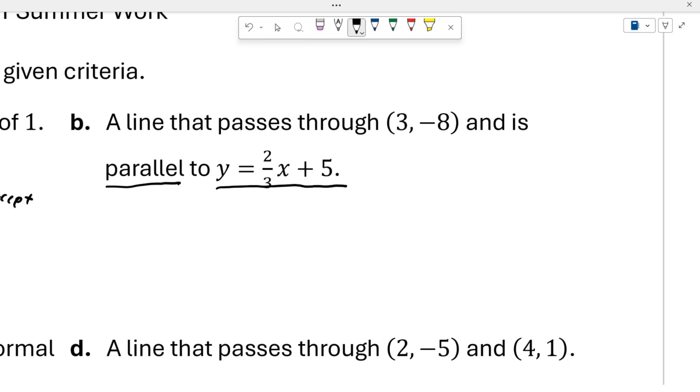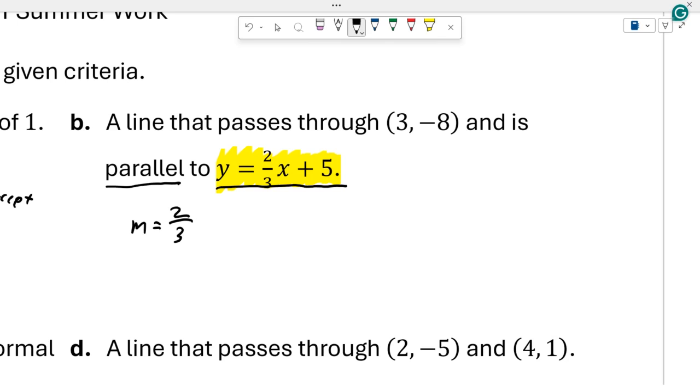So parallel lines have equal slopes. So I don't want the equation of this line because that's a different line, but it is parallel. But that line that's highlighted is parallel to the line that we want, which means the slope of the line that we want is 2/3 because it has the same slope as the highlighted line.